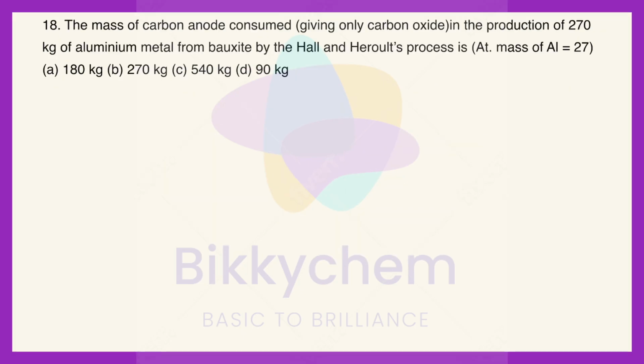Okay, dear student, let us see these questions. In this question, bauxite is the ore of aluminium, and the Hall-Héroult process is generally used for the production of aluminium metal. So the question is, to produce 270 kg of aluminium metal, how much carbon has been consumed?